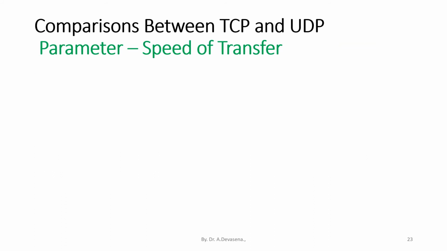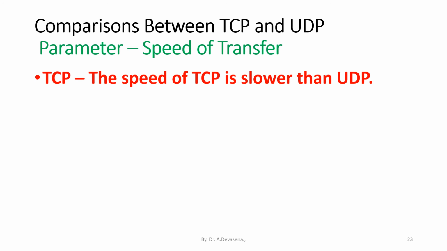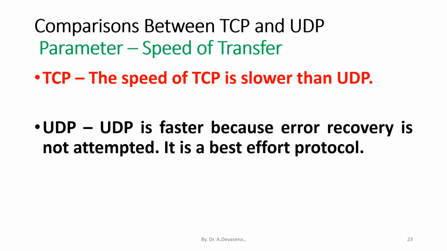Now we consider the parameter speed of transfer. The speed of TCP is slower than UDP. UDP is faster because error recovery is not attempted. It is a best effort protocol.